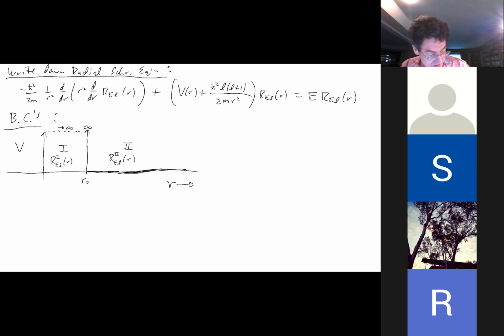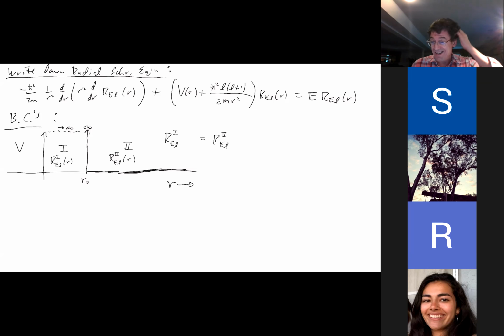Eventually, I'm going to say that R_El in region 1 is equal to R_El in region 2. At what point are they equal? At the boundary r naught. Yeah, that's right. They've got to be. That's how you do it.